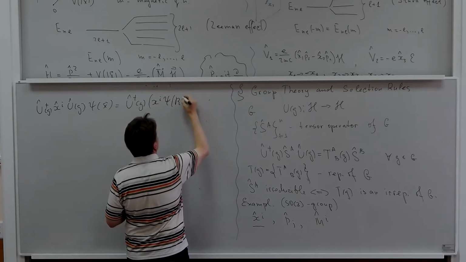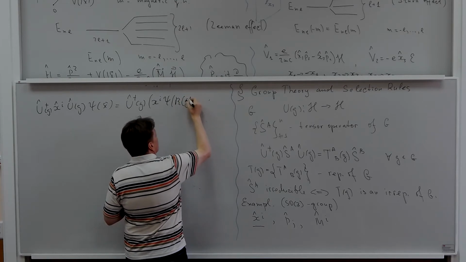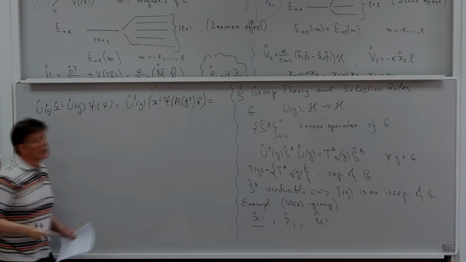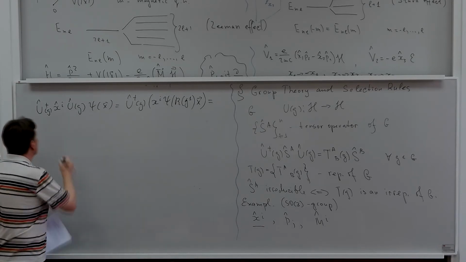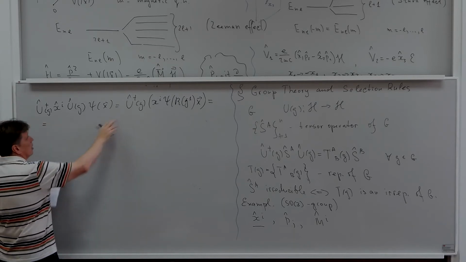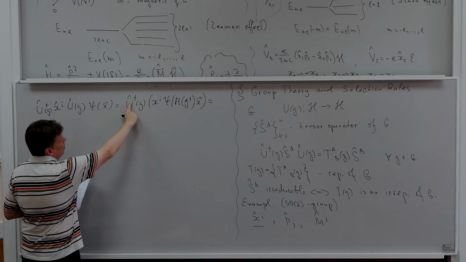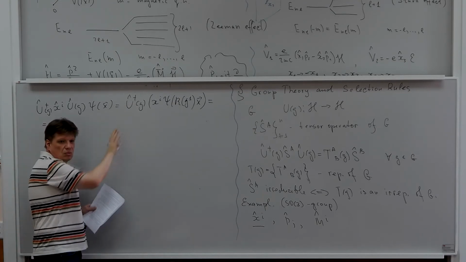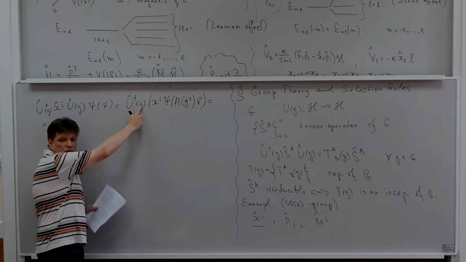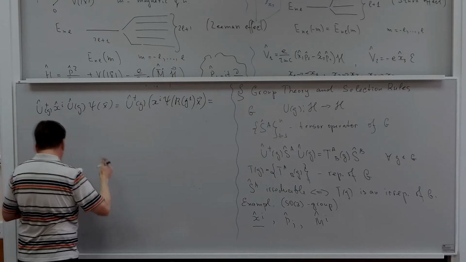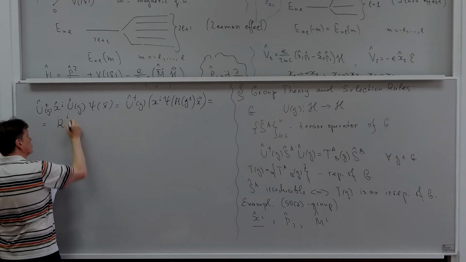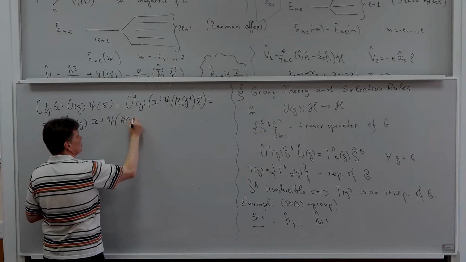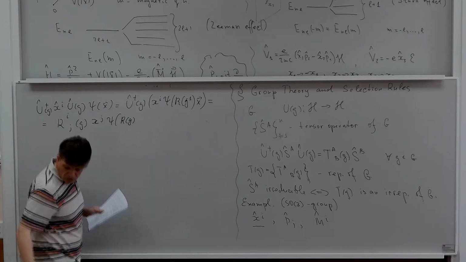Now operator U being geometric acts on psi through its argument x, just rotating the radius vector x. And then we apply operator x_i, which is a multiplication operator. So we get x_i psi of R of g to the minus 1 power x. Okay, do you agree? Now we continue. Again, we apply the adjoint operator. But our representation is unitary, so this corresponds to the action by the inverse rotation, the inverse element g.